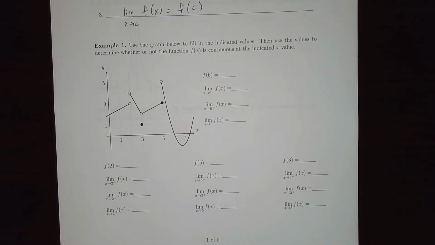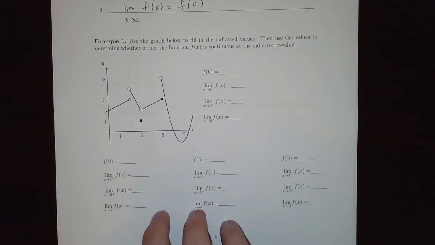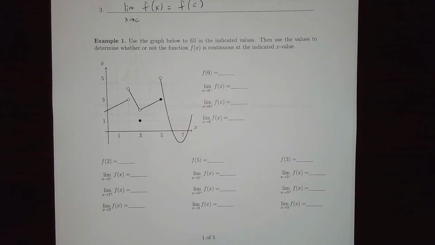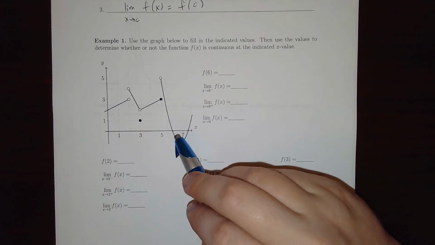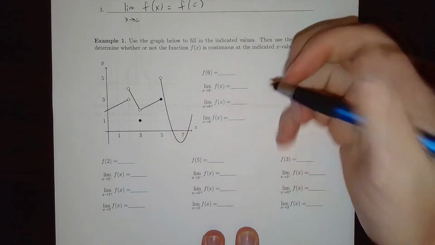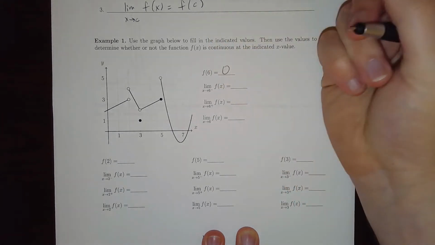So as a bit of an example, let's look at the graph of this function f of x and talk about what the function values are and what some of these limits are. So if we wanted to look at f of 6, we would go to 6 on the x-axis, look at the function value, and we can see here that it is going to be 0.